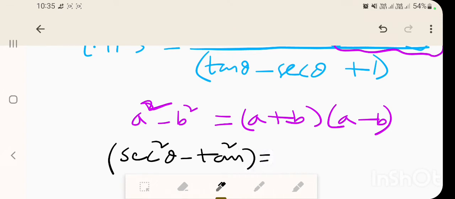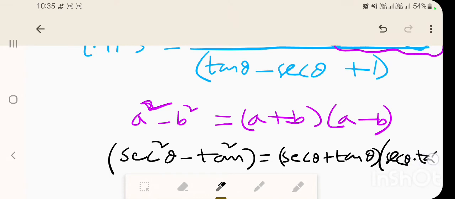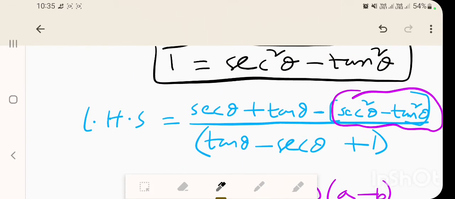So we can write 1 as secant theta plus tan theta into secant theta minus tan theta.